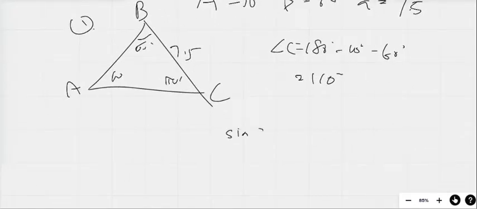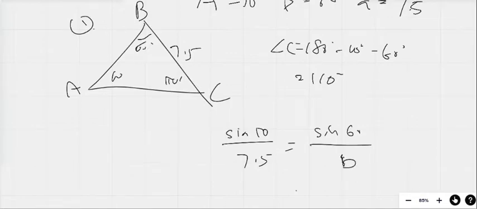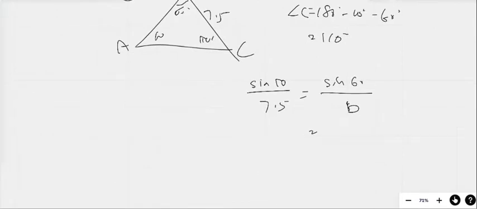Sine of 10 degrees over 7.5 is equal to sine of 60 degrees over B. Sine of 10 degrees over 7.5 is 0.02, which is equal to sine 60 over B. So right now we just need to do sine 60 divided by this answer, and we'll get that B is equal to 37.40.